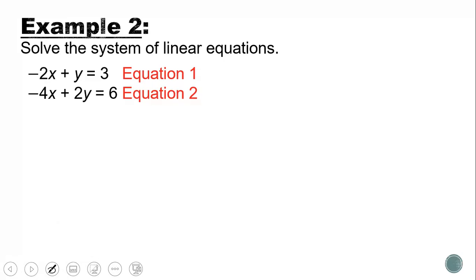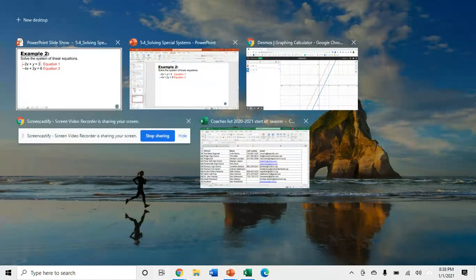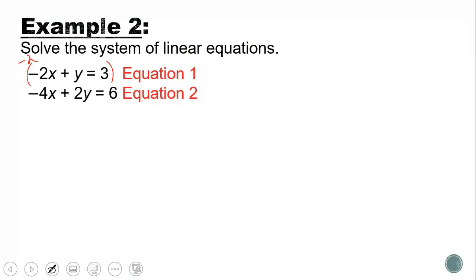So I want opposite signs, and I'm going to multiply my top equation by -2. So when I do that, I'm going to get 4x minus 2y is equal to -6. Now my bottom equation is -4x plus 2y is equal to 6.